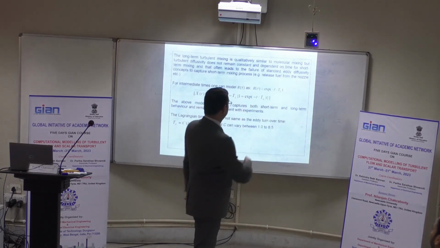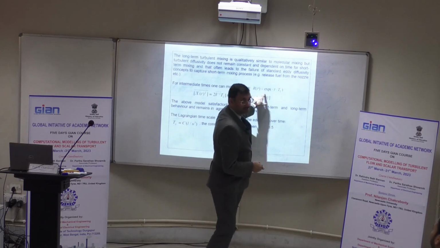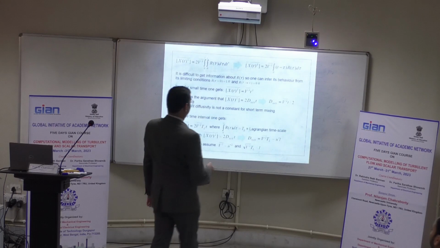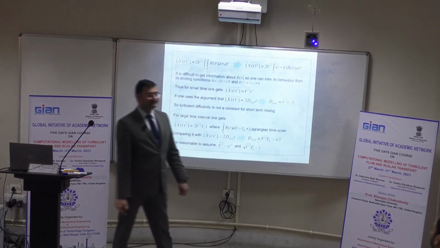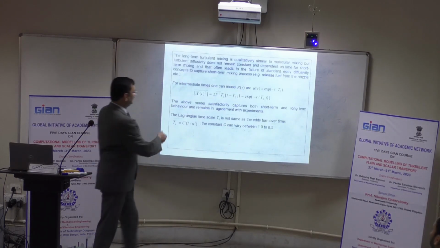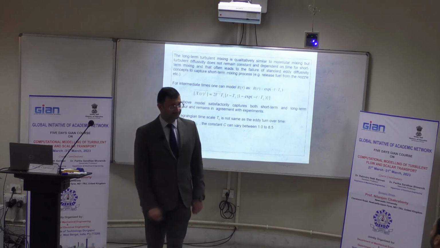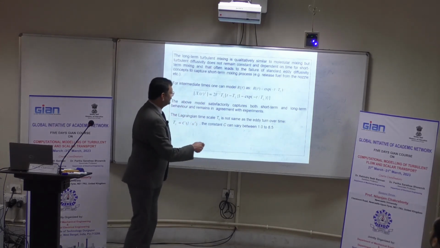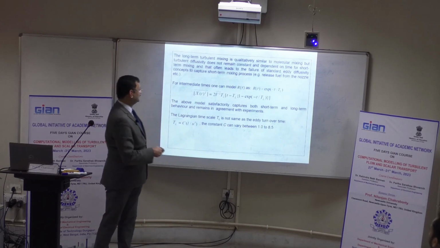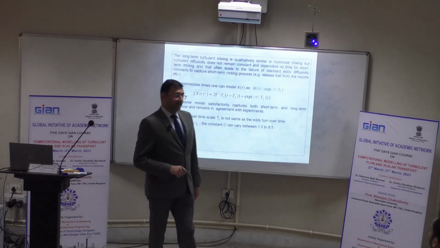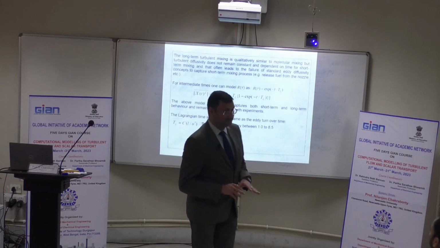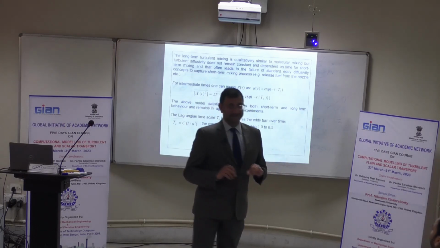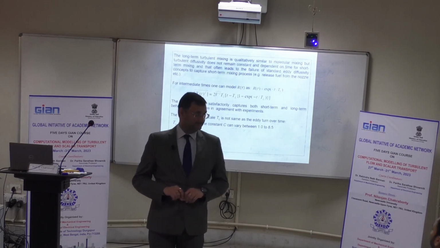If I put tau equal to infinity, this goes to 0. And if I put that in this expression, I'll end up with this. Effectively, this captures both short-term and long-term behavior, and generally remains qualitatively consistent with the experiments.